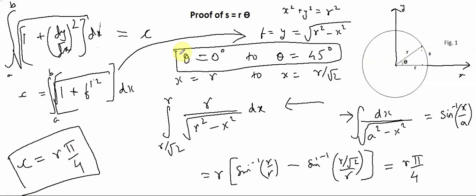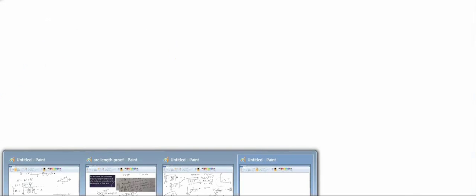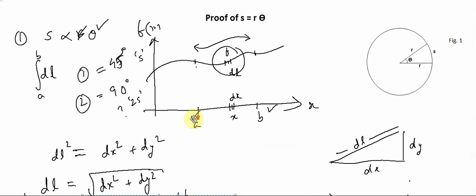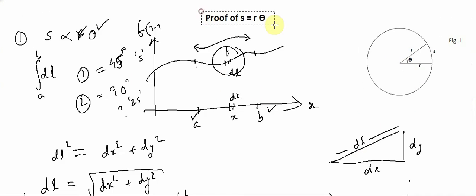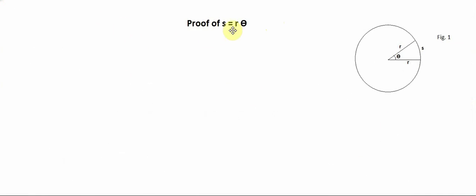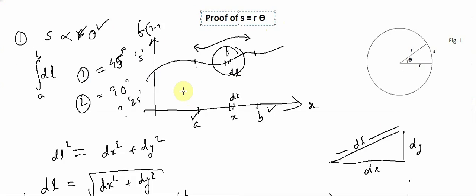Now we are going to integrate the arc length from theta equal to 0 to theta equal to 90 degrees, and let us see if the arc length doubles. So let me take another paint slide. Alright, let me take the formula as well.